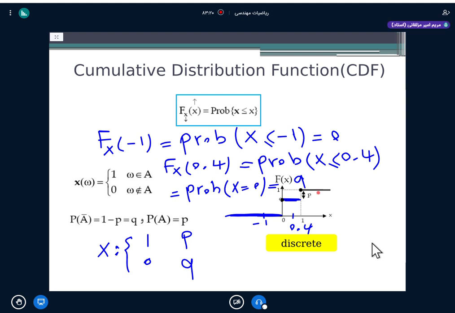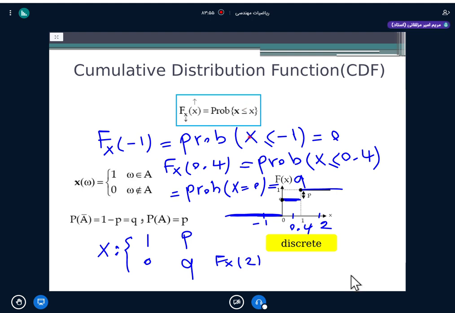Finally, the CDF in the interval of values greater than 1 is equal to 1. Why? For example, we select the value 2 in this interval and want to compute the CDF at 2.